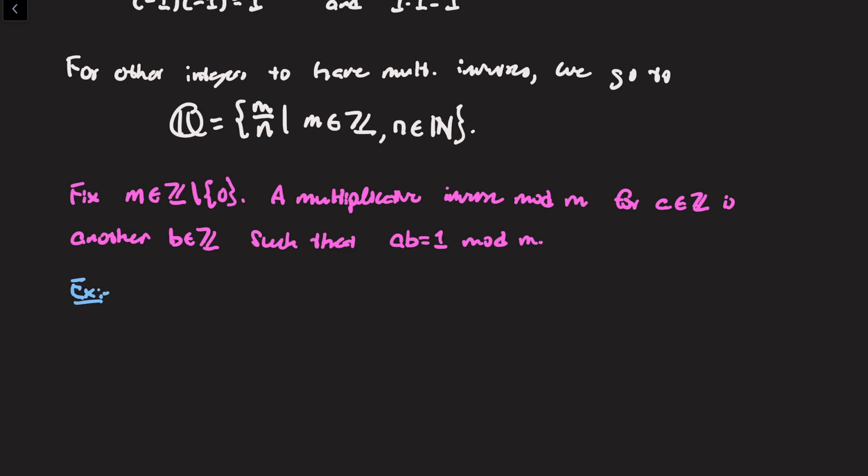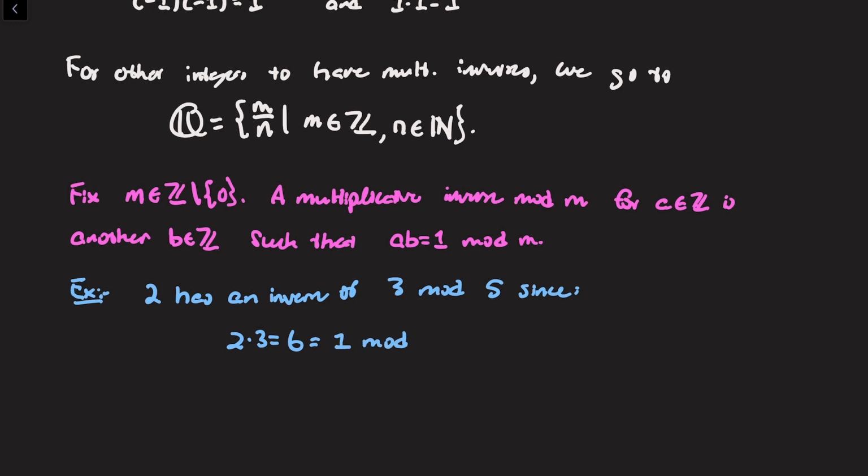So 2 has a multiplicative inverse of 3, mod 5. And why is that? Since 2 times 3 equals 6, which is just 1 mod 5, of course, since 1 and 6 belong to the same congruence class.